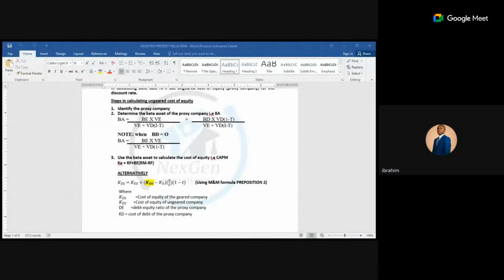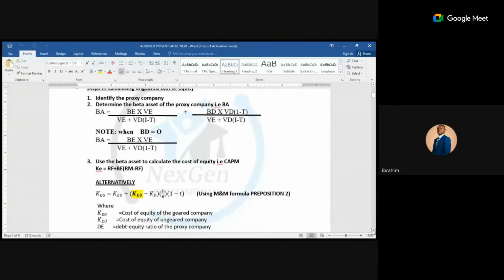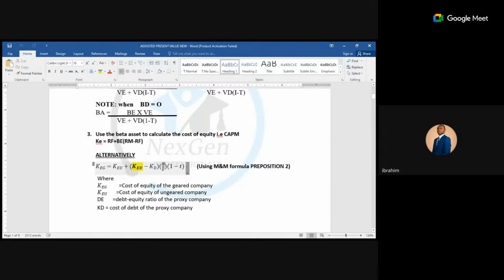The formula is the cost of equity of the geared company equals the cost of equity of the ungeared company, which is what we want to calculate, minus the cost of debt of the proxy company, the market value of debt of the proxy company, the market value of equity of the proxy company, and the tax of the proxy company.